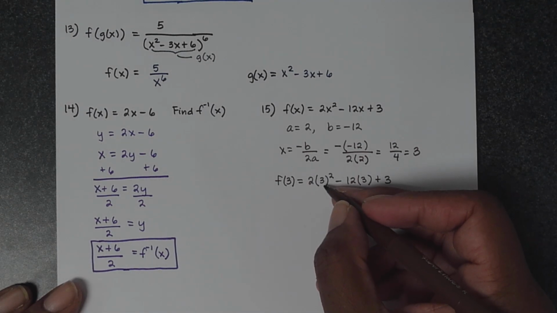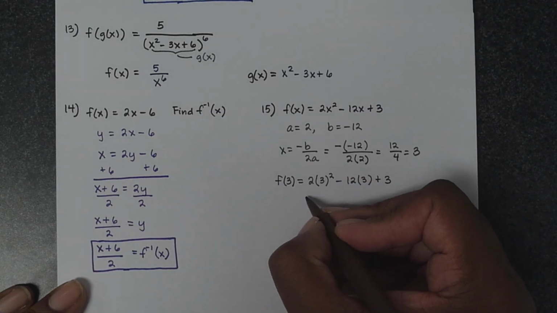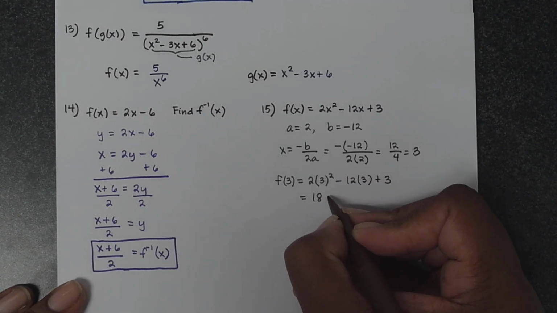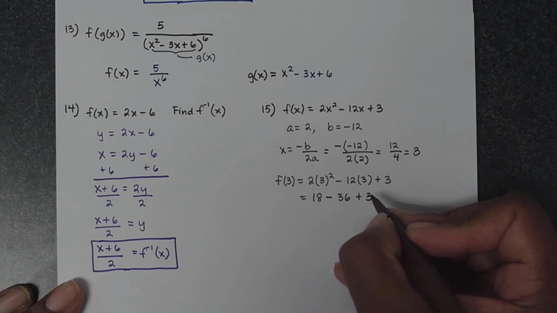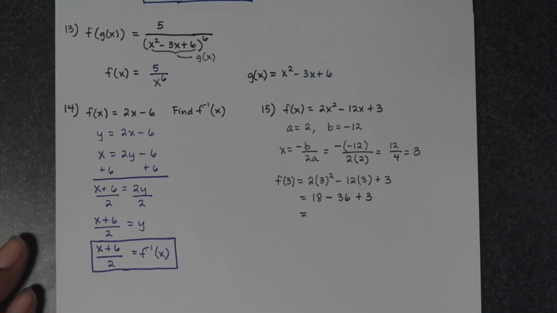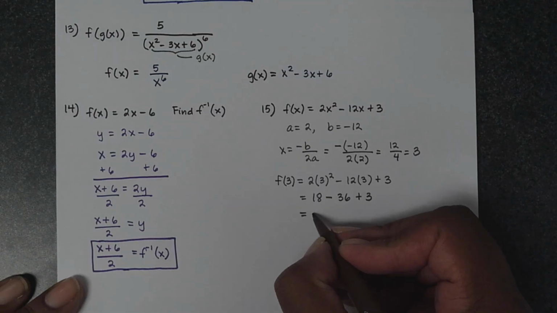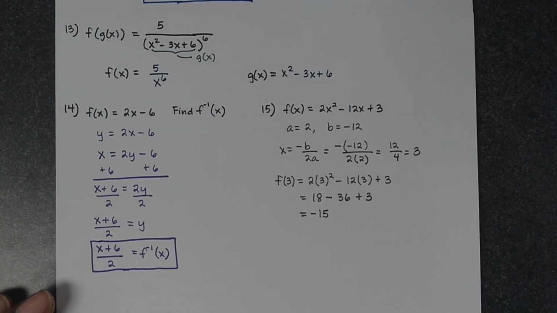Using order of operations, if I square this 3, that's going to be 9. 9 times the 2 in front would be 18. Minus 12 times 3, that's 36, plus 3. And if you do 18 minus 36, that's going to be negative 18. Negative 18 plus this 3 will be negative 15. That represents the y-coordinate of that vertex.